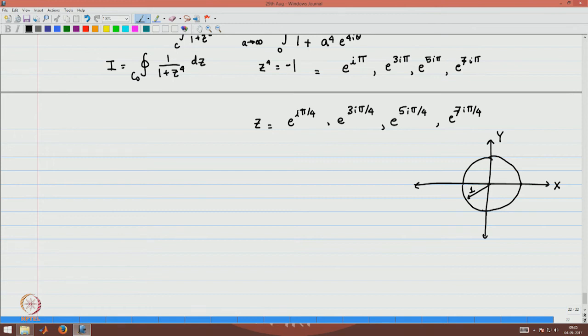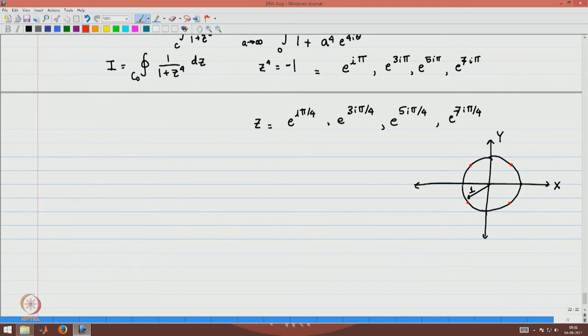Now the 4 roots, where are the roots located? Let me show it in red. So pi by 4 is here, 3 pi by 4 is here, 5 pi by 4 is exactly here, 7 pi by 4 is here.